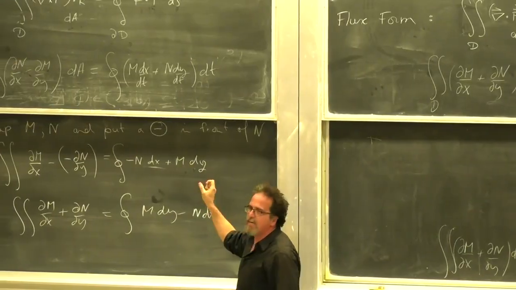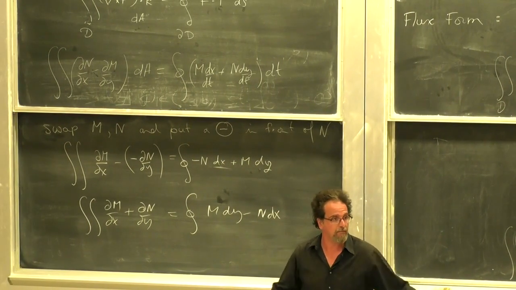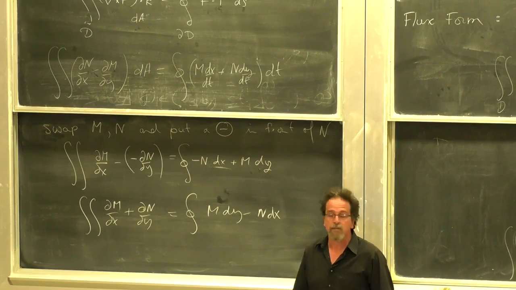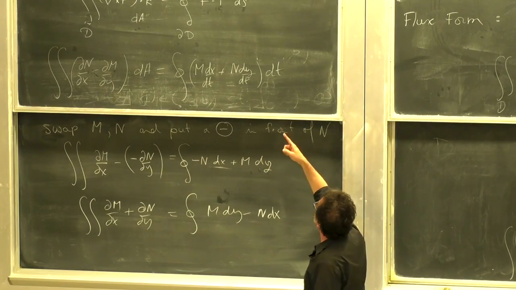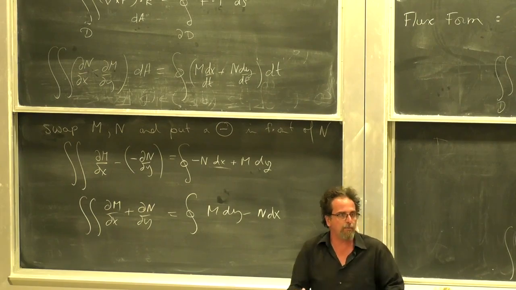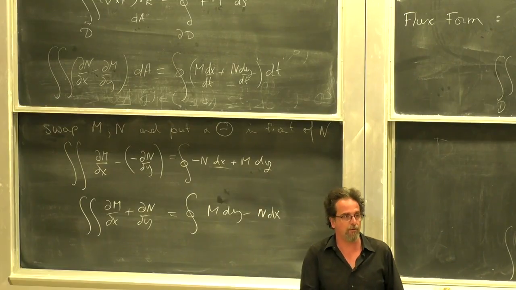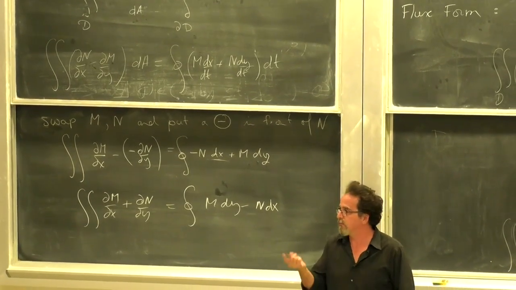By swapping N and M, I'm creating a perpendicular vector field, G. OK? So G dot tangent is like F dot normal, because T and N are perpendicular to one another. It works, and we're going to use this to prove one of the theorems if we can prove the other theorem.